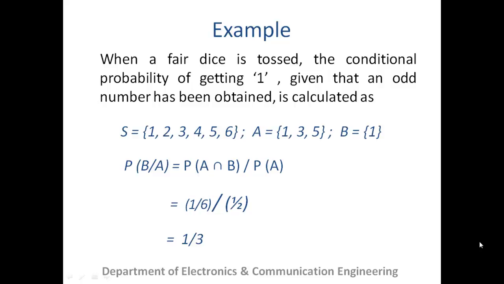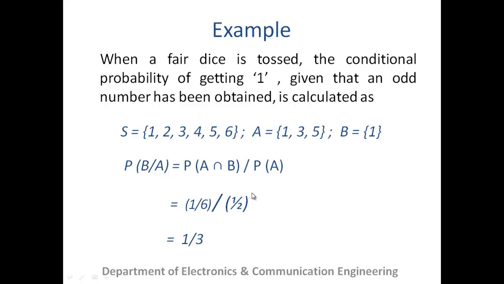It can be calculated as the ratio of the probability of A intersection B to the probability of A. A intersection B is only 1. So what is the probability of occurrence of 1 if we are tossing a dice? It is equal to 1 by 6, because all the values 1, 2, 3, 4, 5 or 6 have a probability equal to 1 by 6.